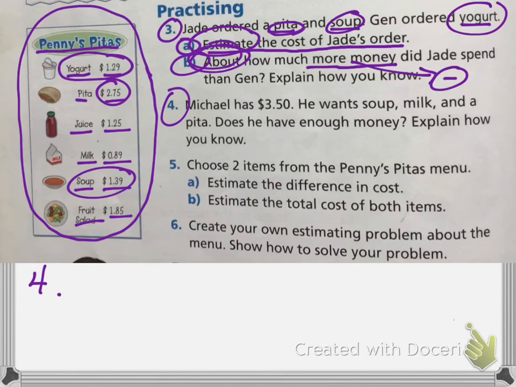If you're just going to write two numbers down here and add or subtract, you're probably going to get it wrong. So you need to think through all these steps. Michael has $3.50. That's what he has. He wants soup, milk, and a pita. Does he have enough money?